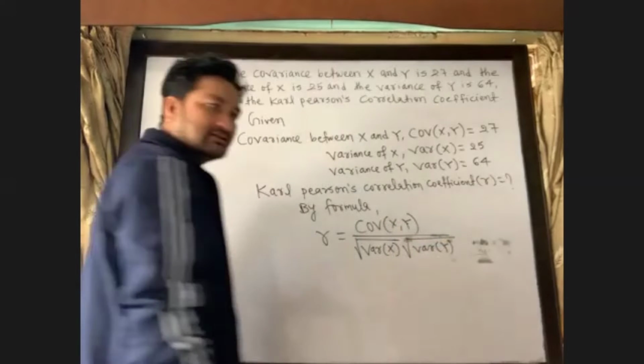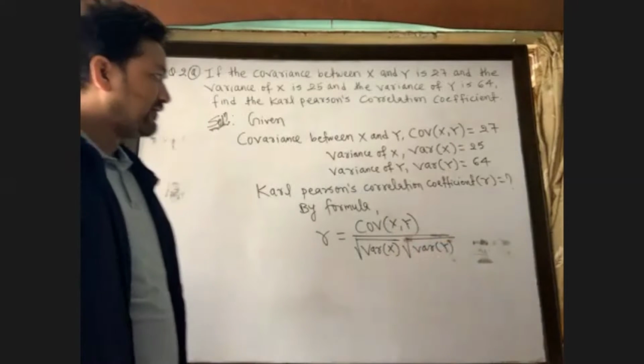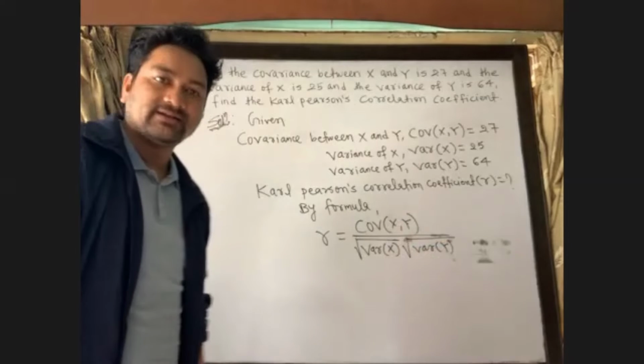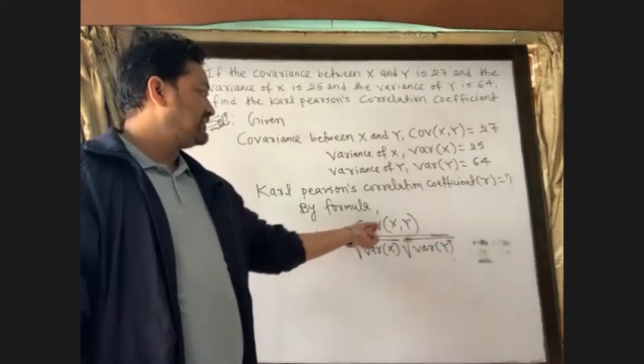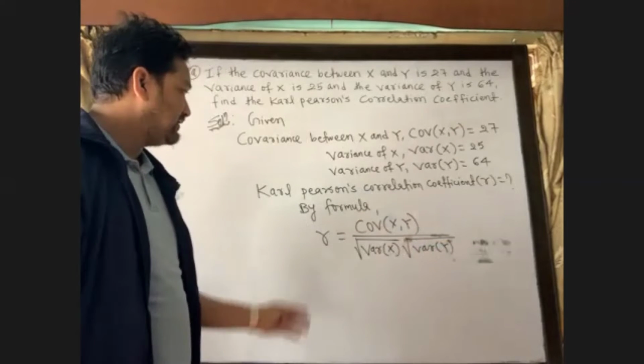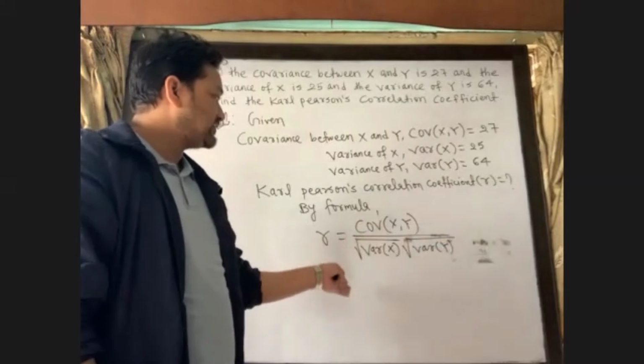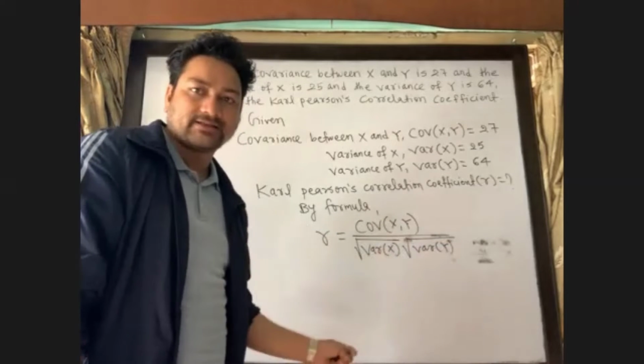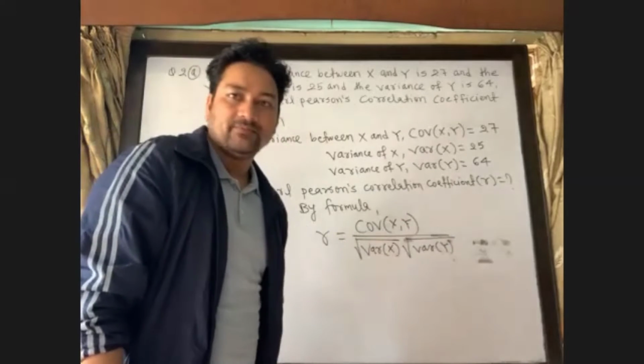This is the formula to find the Karl Pearson's correlation coefficient.